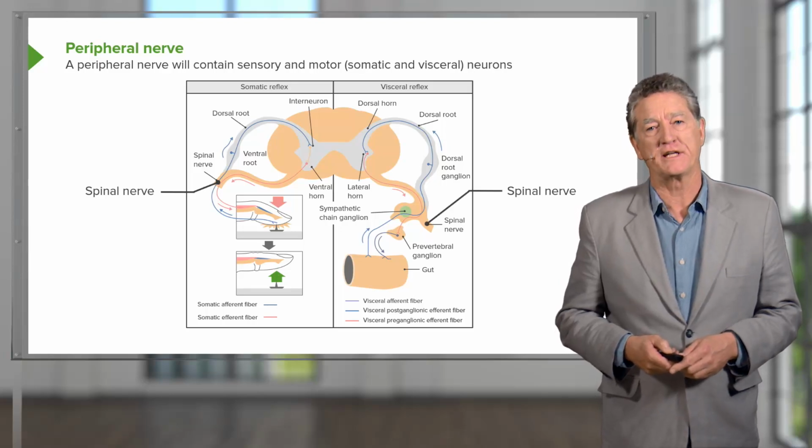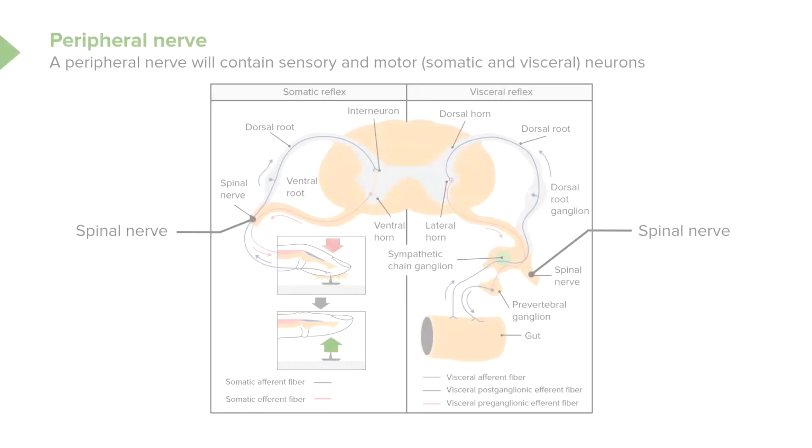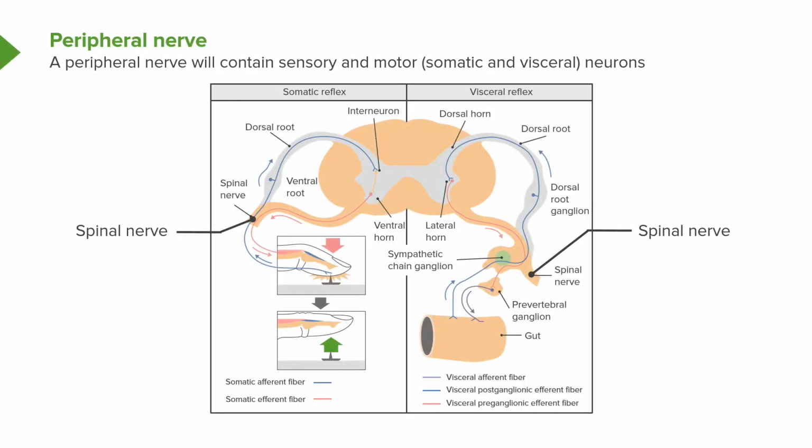If we look across to the right-hand side of the diagram, the other half of the spinal cord there represents the visceral components. The visceral afferent sensory neurons and the visceral efferent motor neurons associated with the autonomic nervous system. Have a look at the tube drawn down the bottom. It represents perhaps the wall of the gut, or maybe the wall of a blood vessel.